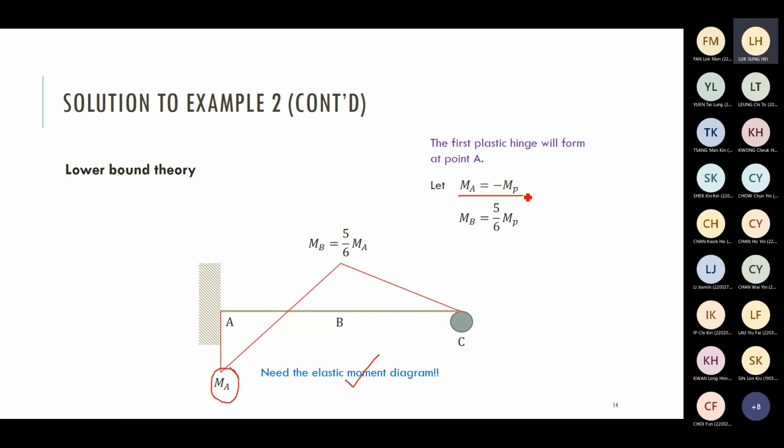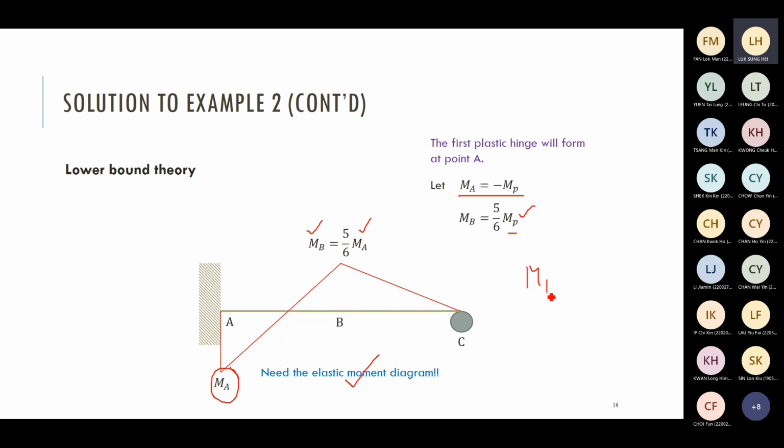Then, using the moment diagram, you can express the moment at point B in terms of MA. You can express MB in terms of MA using the plastic moment. We try to express our moment at different positions using MP. The plastic moment MP is a well-defined value.